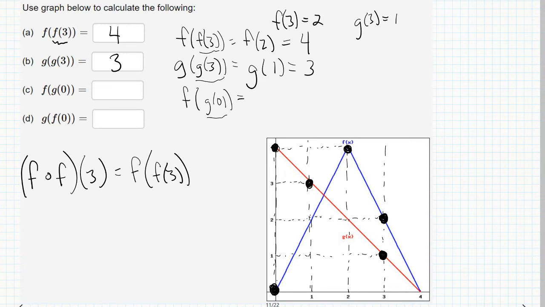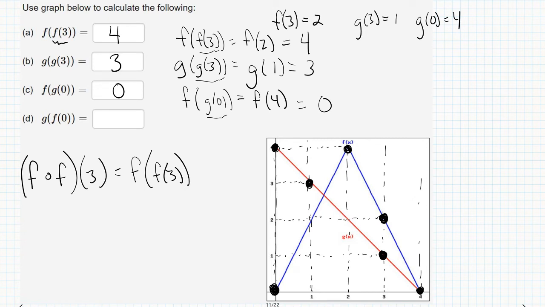And let me write that up top here. g of 0 equals 4. So we find that this is f of 4. Alright. Now f of 4, notice it's both the blue and the red at that point, that equals 0. So it doesn't always happen, but in this case, f composed with g of 0 equals 0.